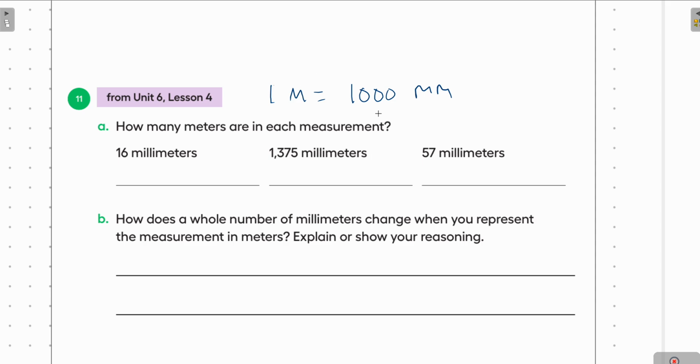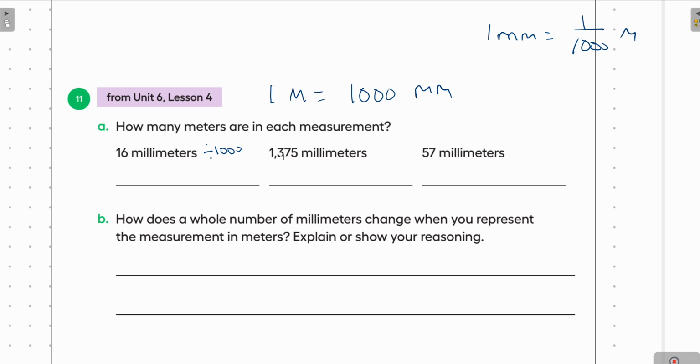So I know that in 1 millimeter, there's 1,000th of a meter. So that means I'm dividing by 1,000. So this is gonna be 16 millimeters divided by 1,000.